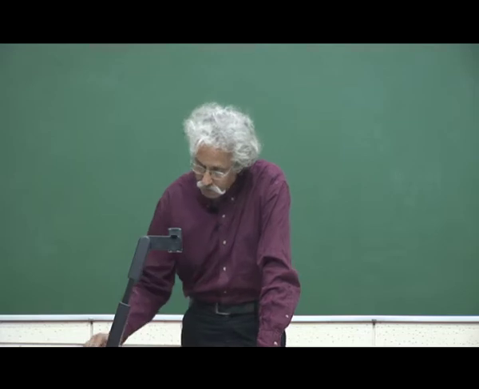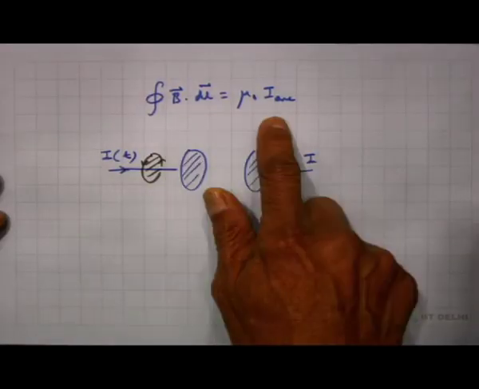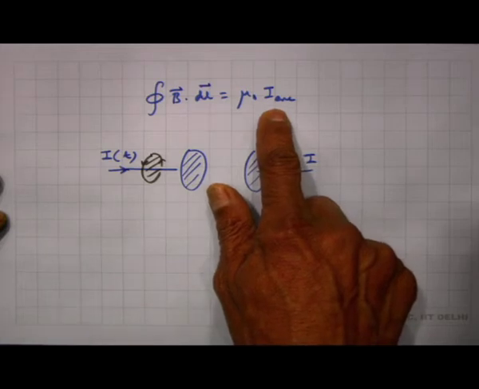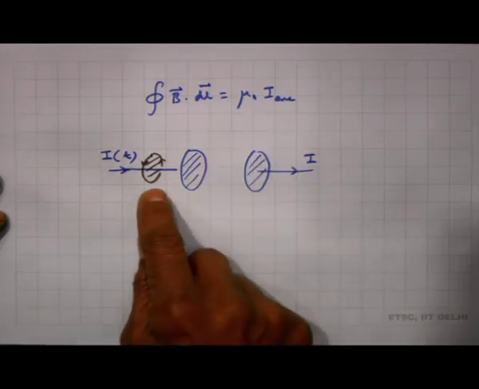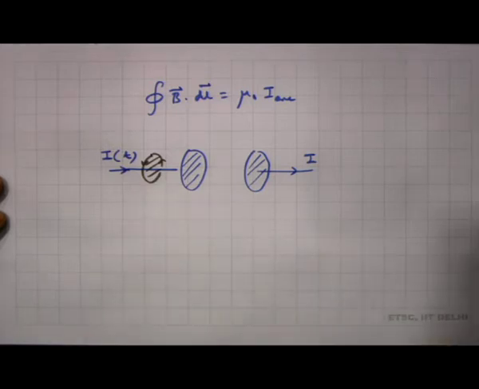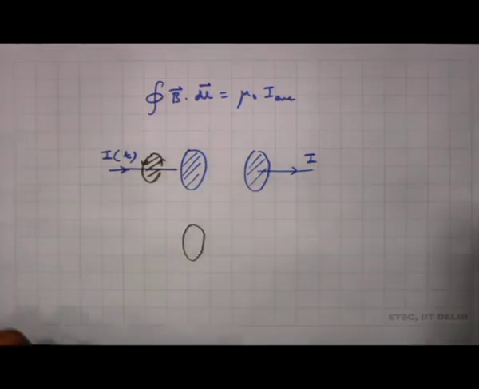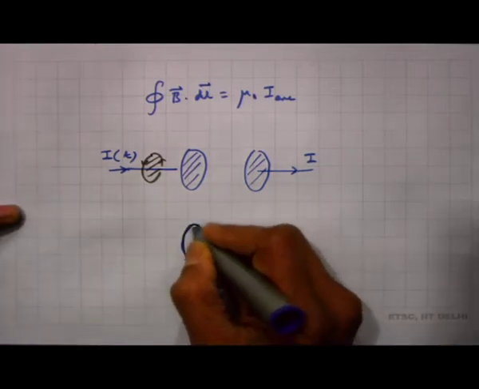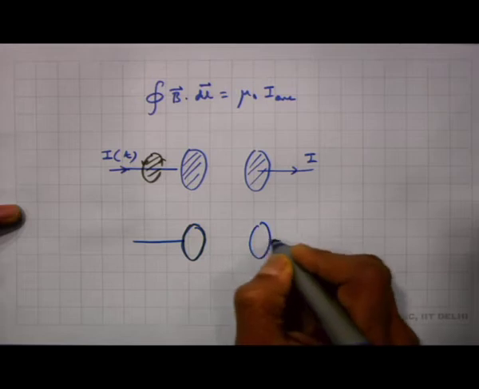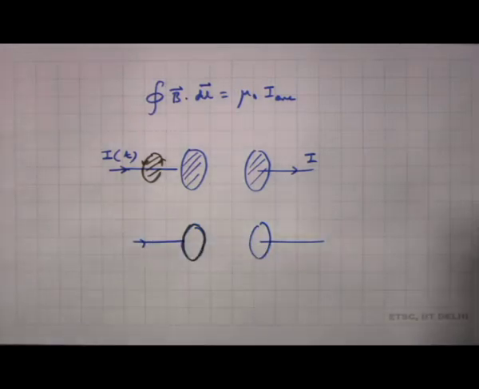Now, the problem is that in this integral on the right hand side, if I see the current enclosed, there is no necessity that I need to choose this surface. All that is required is a surface whose boundary is this line. So, I could have chosen, for example, if I draw the same capacitor here, with the capacitor plate coming in here, this is my loop which I have taken.